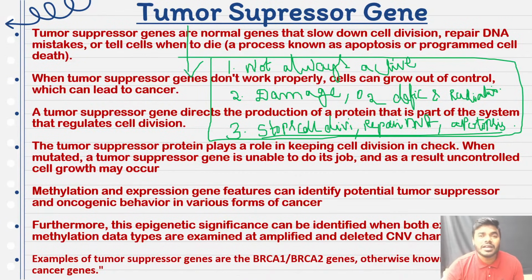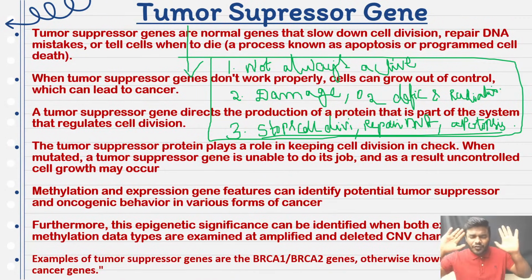Whenever there is a particular mutation or damage, whenever the cells are under very severe stress conditions like extreme deficiency of oxygen, then the tumor suppressor gene concentration becomes active. I'll tell you how their concentration increases.